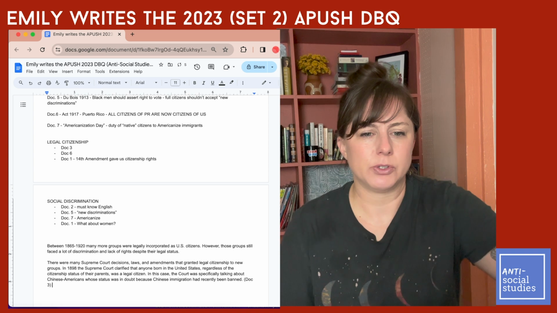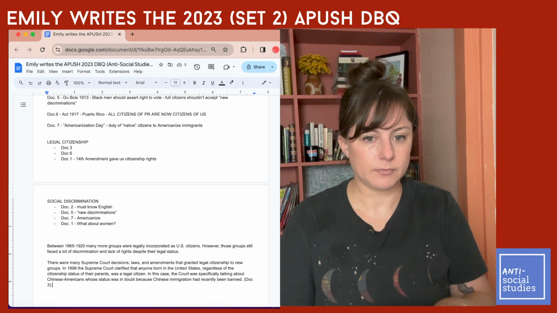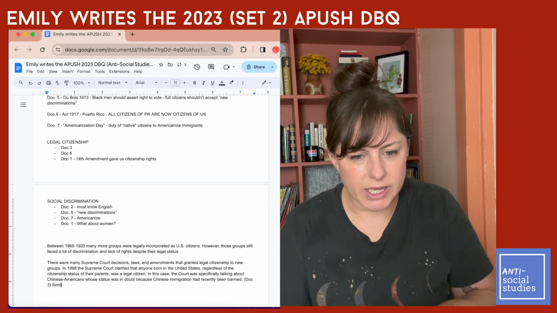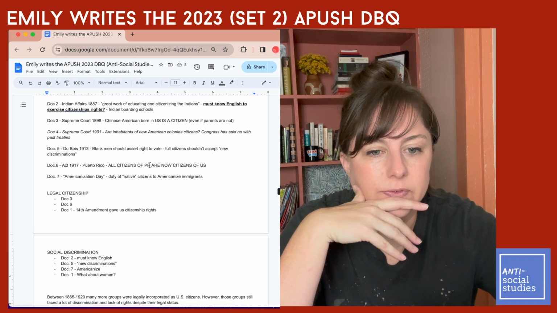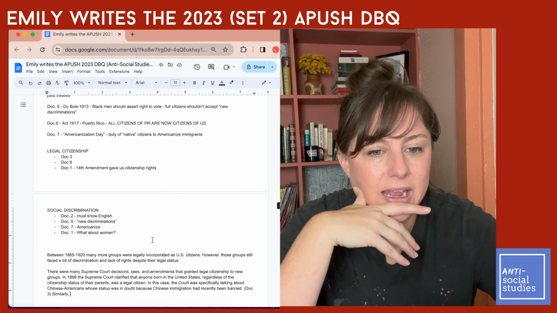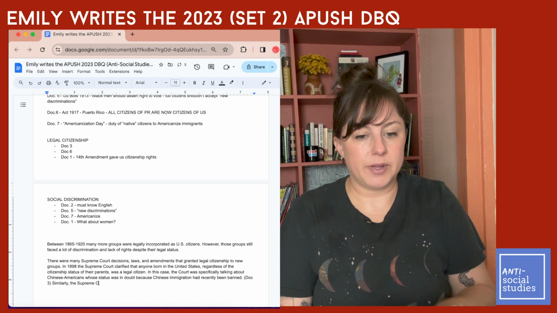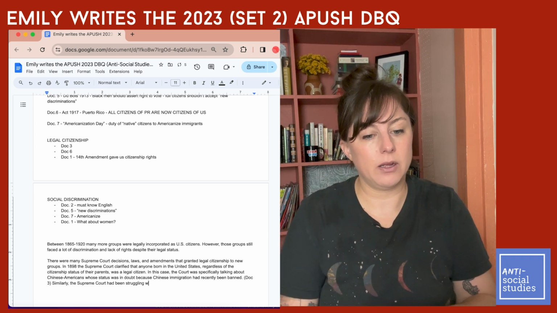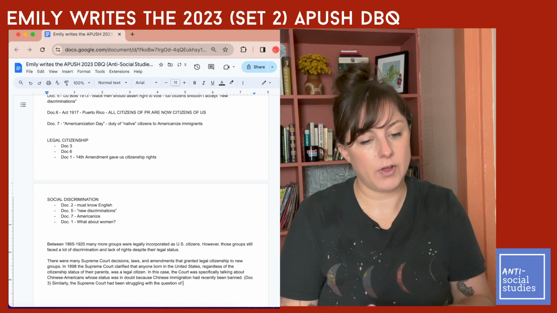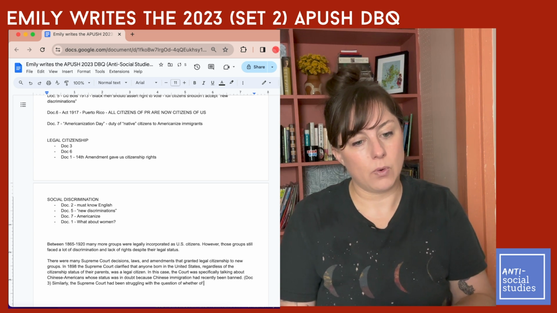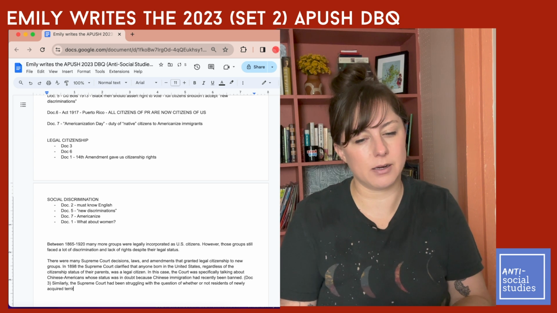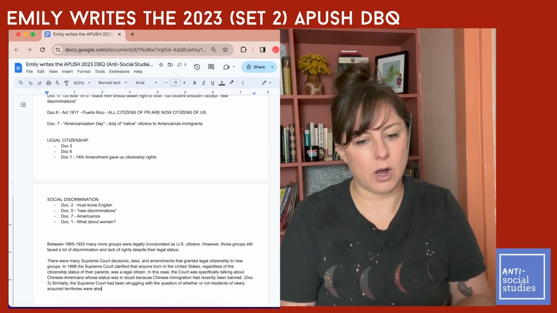Okay. Which one's document 6? Similarly, oh, I bet I could bring in document 4 here. The Supreme Court had been struggling with the question of whether residents of newly acquired territories were also citizens.